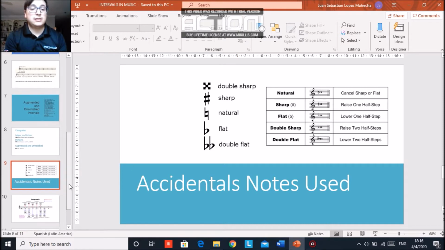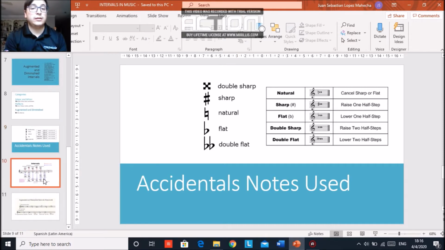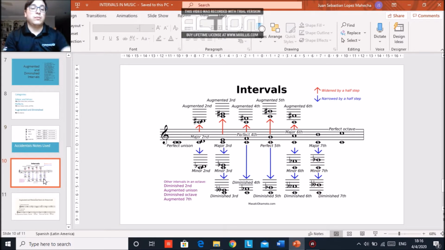Okay, now let's take a look at the augmented intervals. So in this square, we can see the C major scale with some augmented and diminished intervals. So we have perfect unison here.